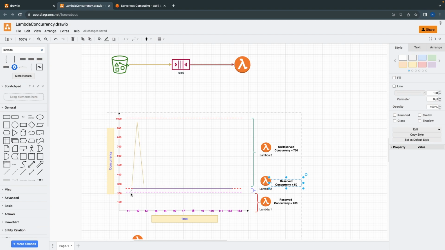You can see it started from here and it goes all the way up to T12. And for this Lambda you have set the reserved concurrency of 50. So beyond 50, it is not able to provision execution environments. It tries to process the remaining files using the same execution environments that it has.